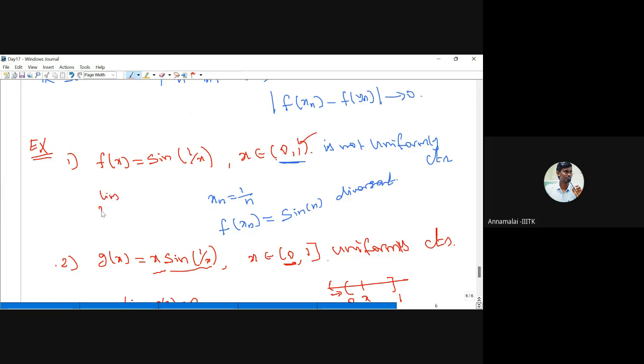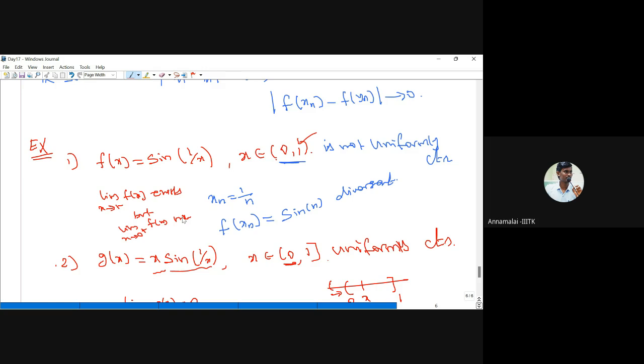So the limit as x goes to 1 of f of x exists, because we have an interval. But the limit as x goes to 0 of f of x does not exist. We cannot extend that function to this endpoint. We can extend to one endpoint, but we cannot extend to the other endpoint.